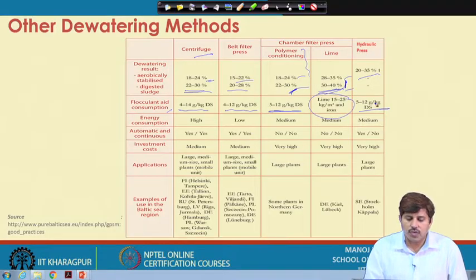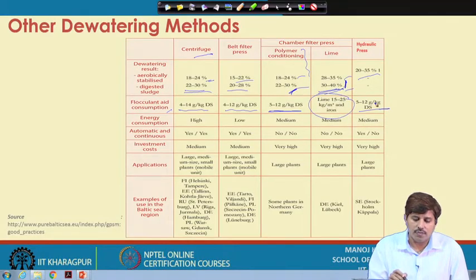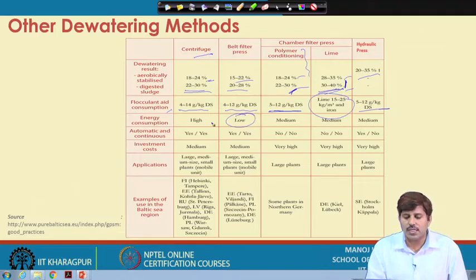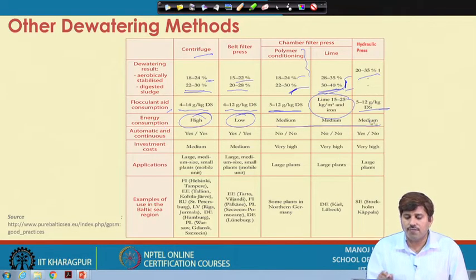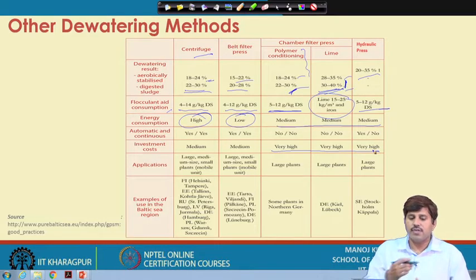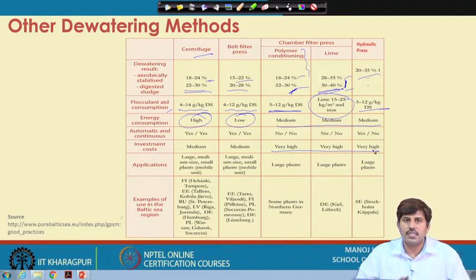Energy consumption wise, the belt filter press has low energy consumption, the centrifuge has roughly the highest, and all others have medium energy consumption when we compare them across each other. Investment cost wise, chamber filter presses with either polymer or lime, and hydraulic presses, are very high, whereas the belt filter press and centrifuge have medium cost.